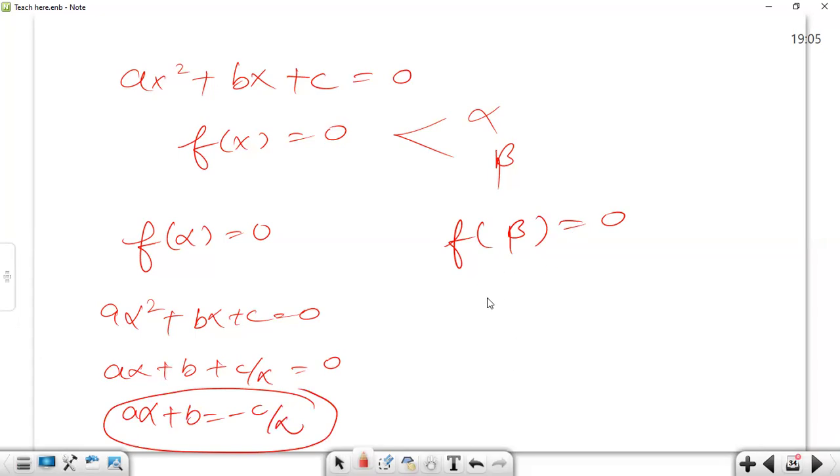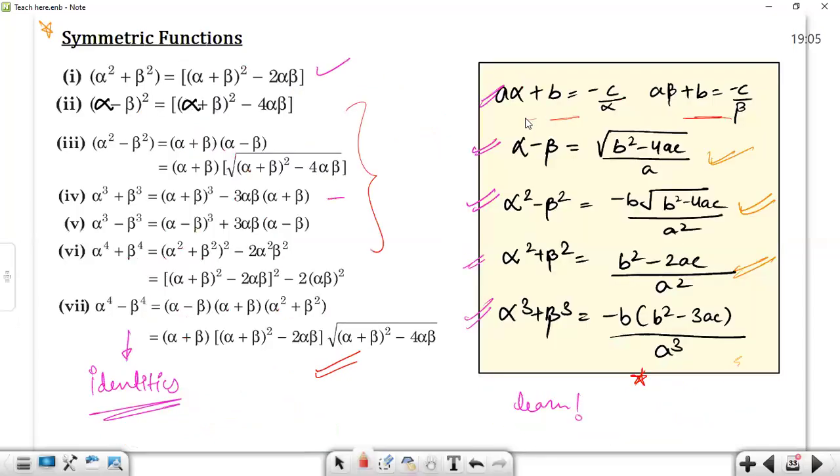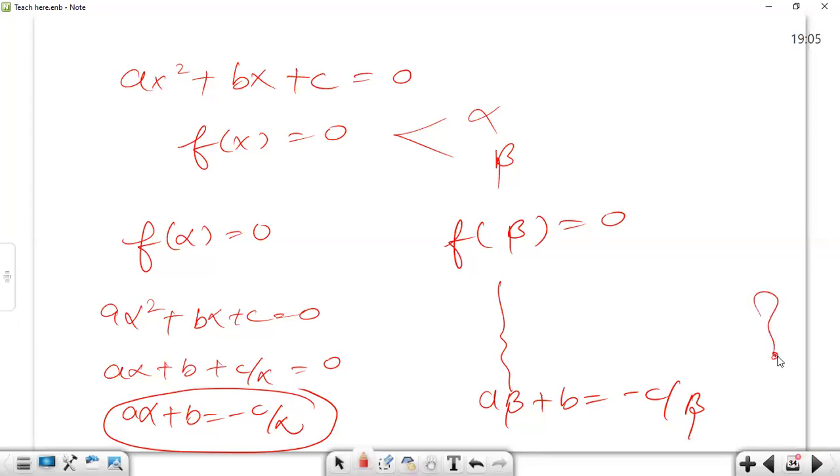And for beta, it will be just the same, but you have to replace it with beta, and here also it looks like this. So this is what we had to prove. A alpha plus B is minus C by alpha, and A beta plus B is minus C by beta. Is that clear?